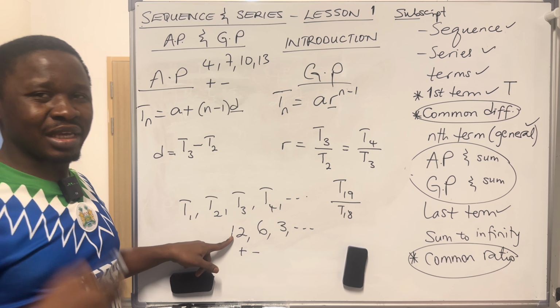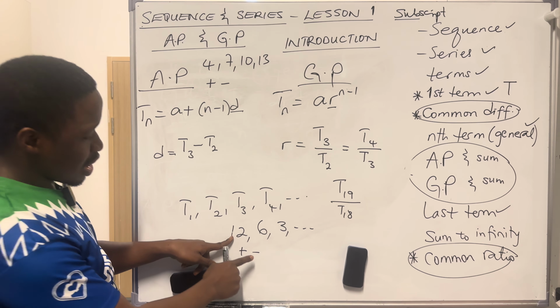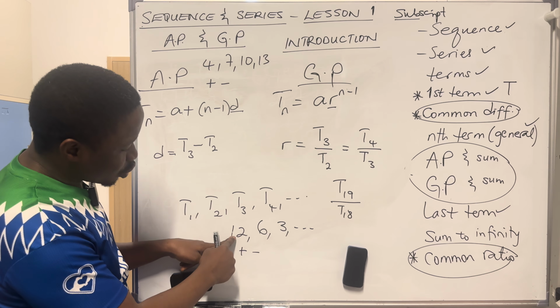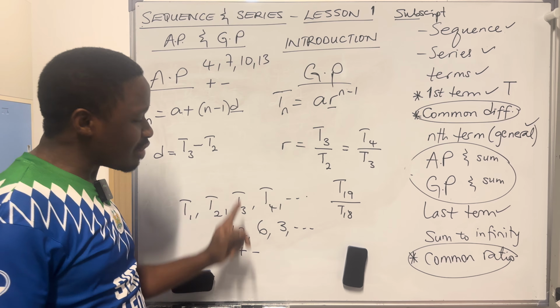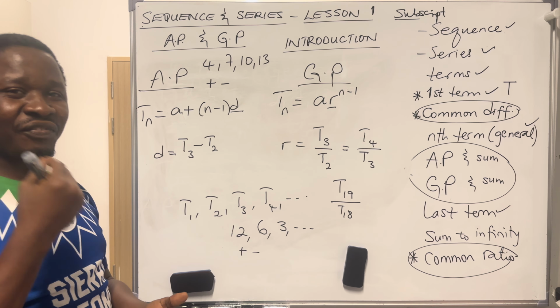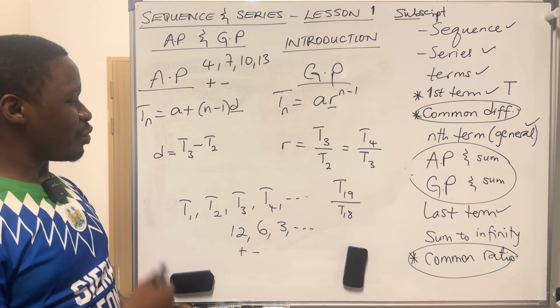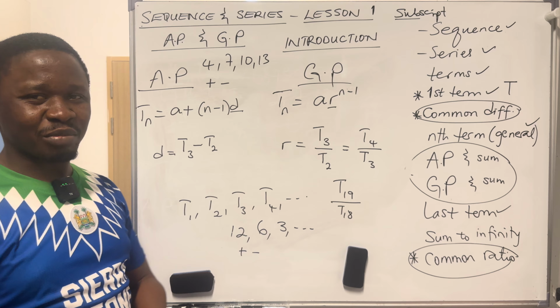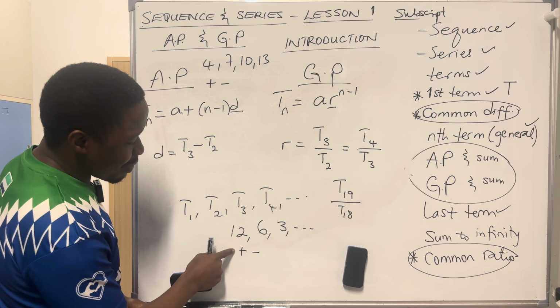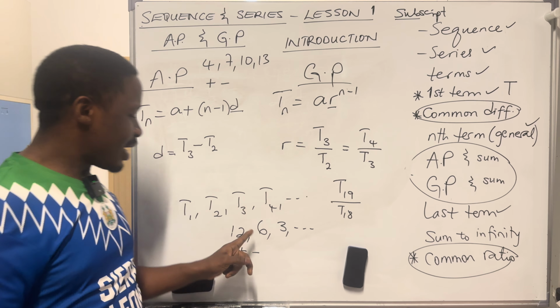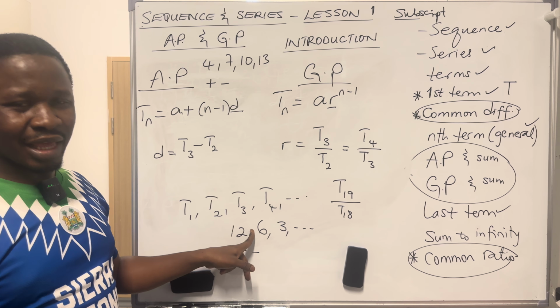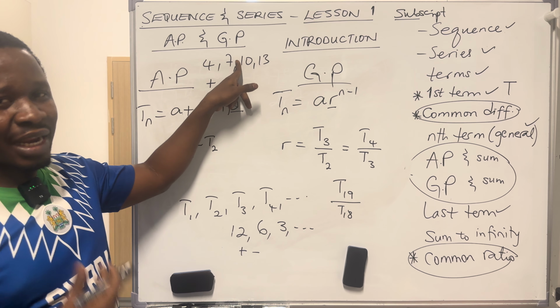Unless you say negative 6. Okay, that one is understood. But here is a minus sign. 12 minus 6 will give us 6. But can 6 minus 6 give us 3? No. And we need a constant number we perform to get the subsequent terms. So the fact that here by addition or subtraction we cannot have a constant number, this one is not an AP. But this one is an AP.